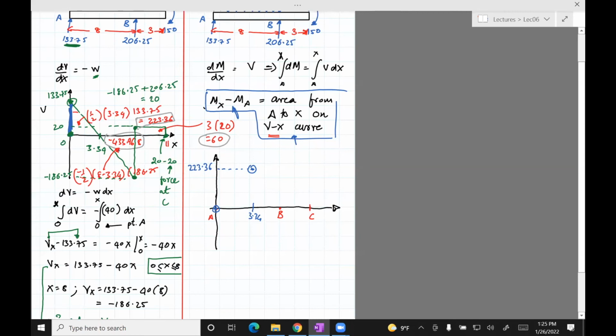Then we have minus 433.96. What you need to do for 433.96 is add that to 223.36. So 223.36 minus 433.96, and that comes out to be minus 210.6.